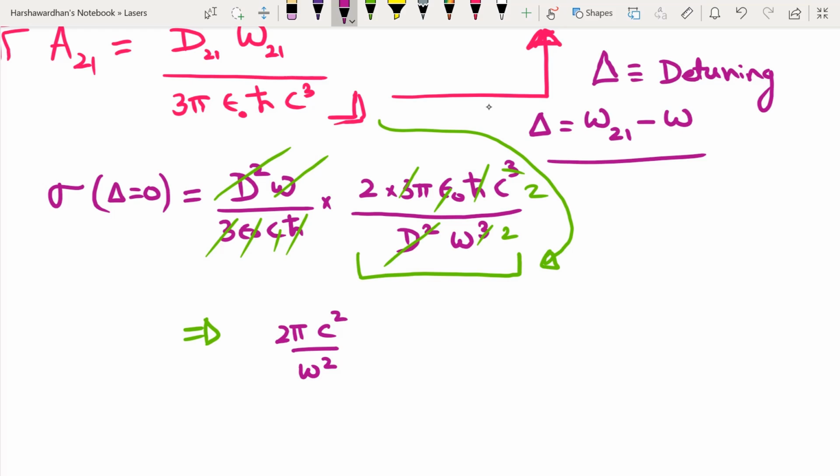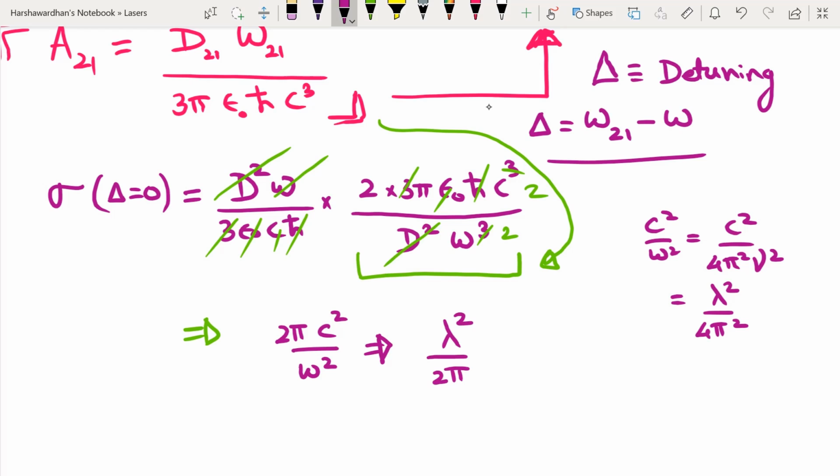And we know that this c square by omega square is nothing but c square by 4 pi square nu square, which simply is lambda square over 4 pi square, or this quantity is simply lambda square over 2 pi.